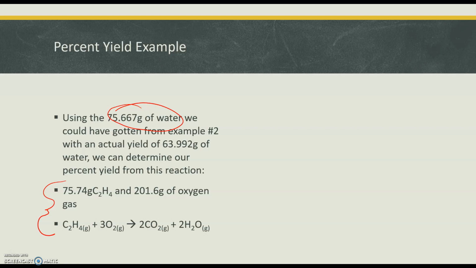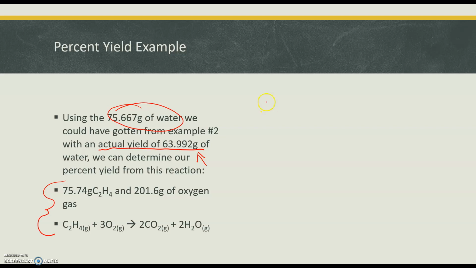Remember that our equation is actual over theoretical. This is our actual yield. It is named as actual yield here, but we also know it's our actual yield because this is the amount we're given, not the amount we calculated.